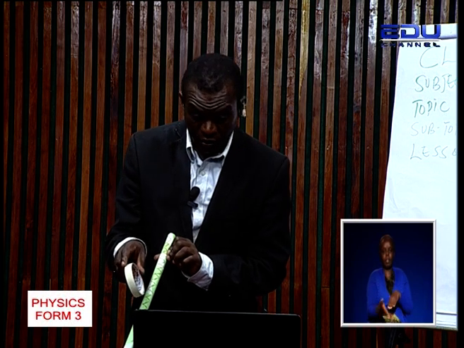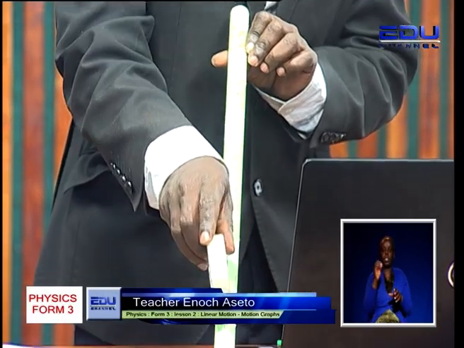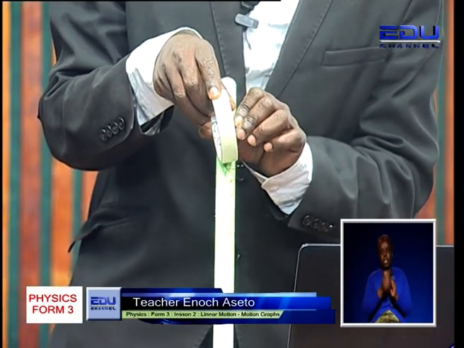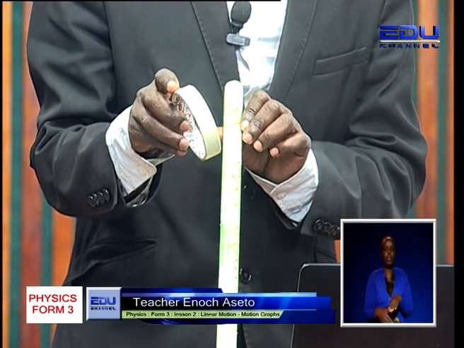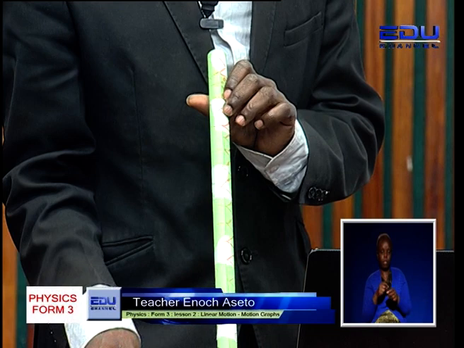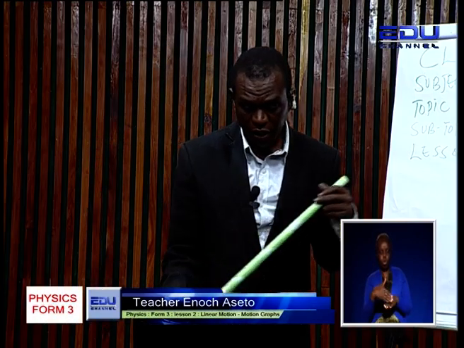Then change the position to 20 and let it roll down. Change again to 30 and let it roll down. Then you note the time for each roll, and you record it in the table.